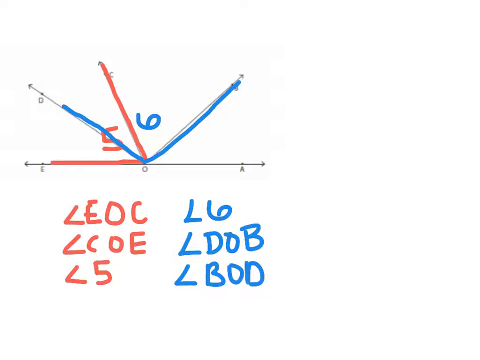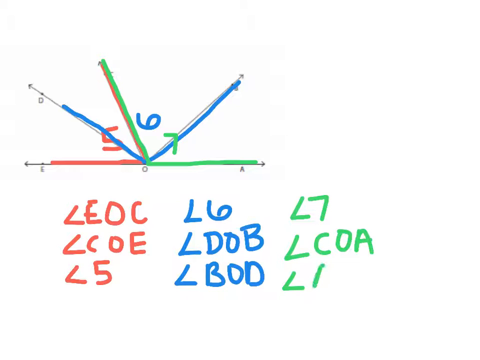Another angle could be here at C over to A. We could label this angle 7, and this could be angle COA or angle AOC.